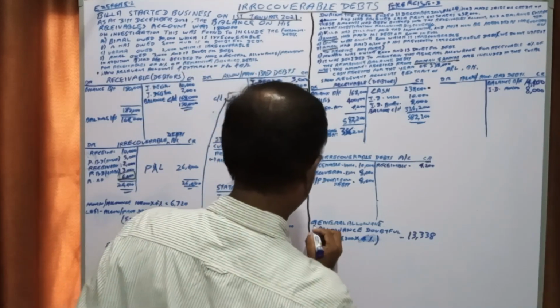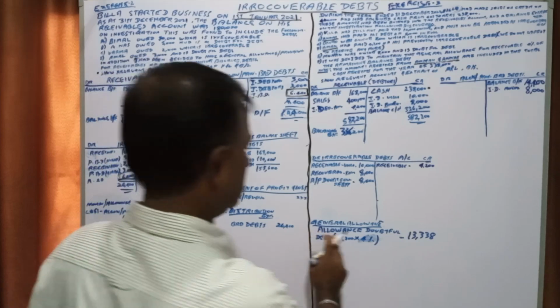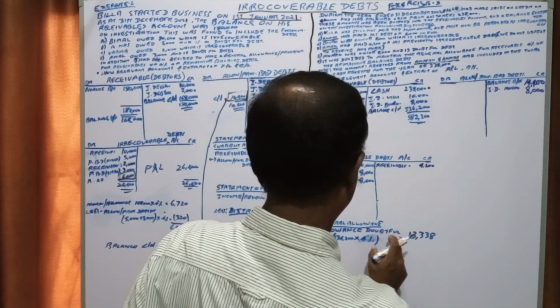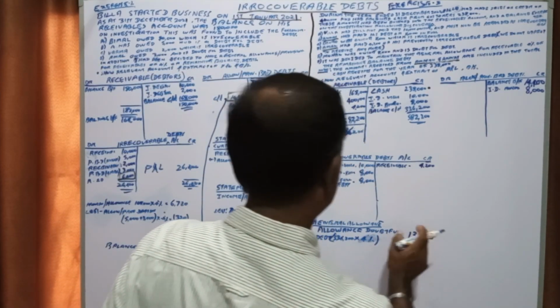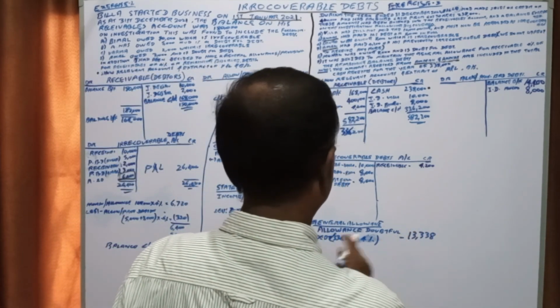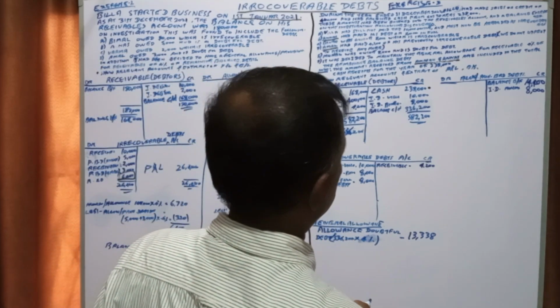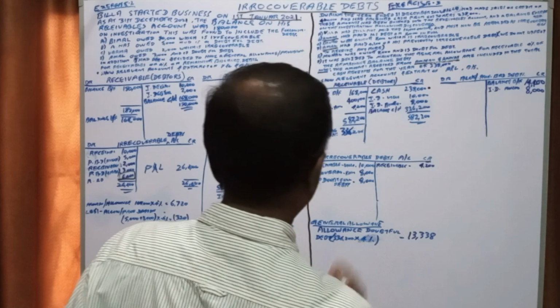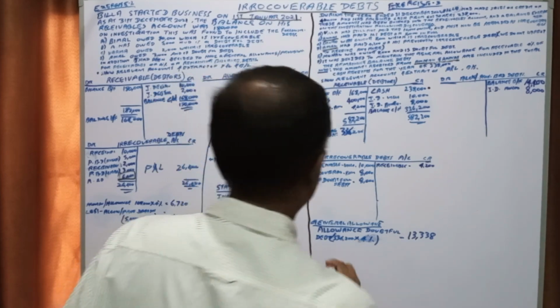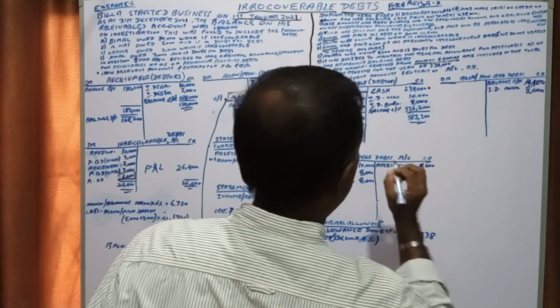This is the general allowance for doubtful debt. 13,338 minus 13,300. Then remove the specific allowance made. Remove 8,000.